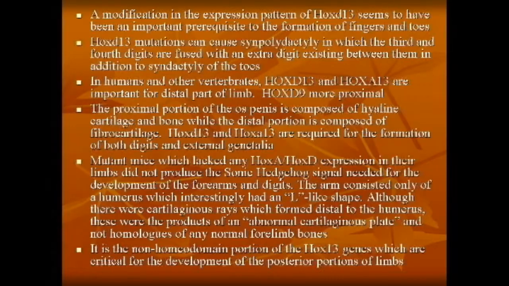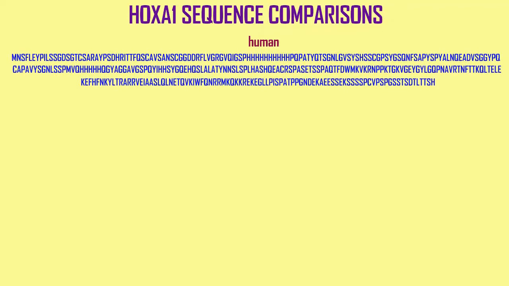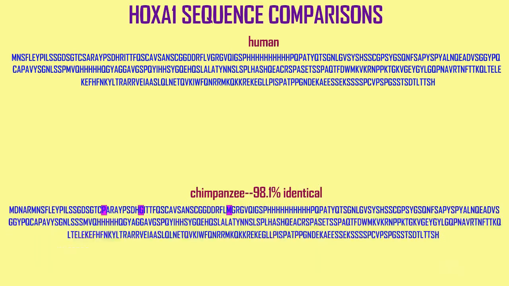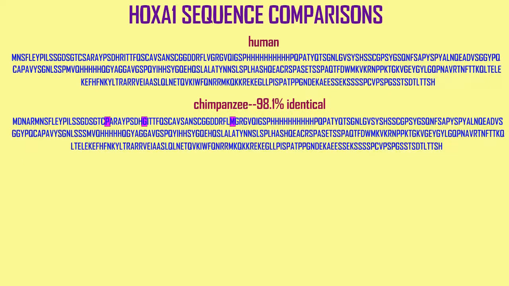In addition, if one were to sequence the HOXA1 gene, not only do other vertebrates possess this gene, but the sequence comparisons then show that sequences reflect the nested hierarchy of relationships that other anatomical and genetic studies have shown.